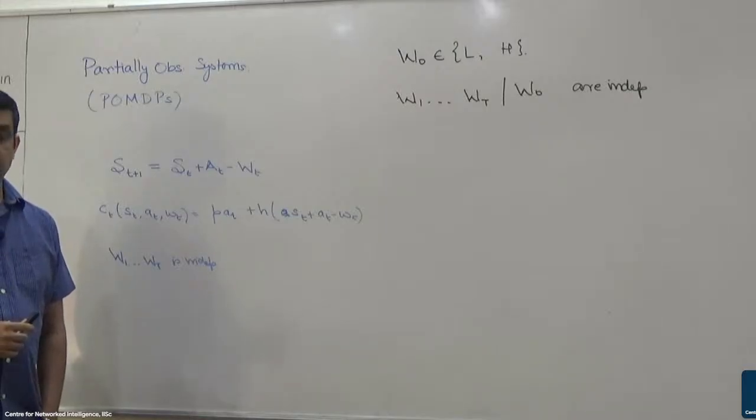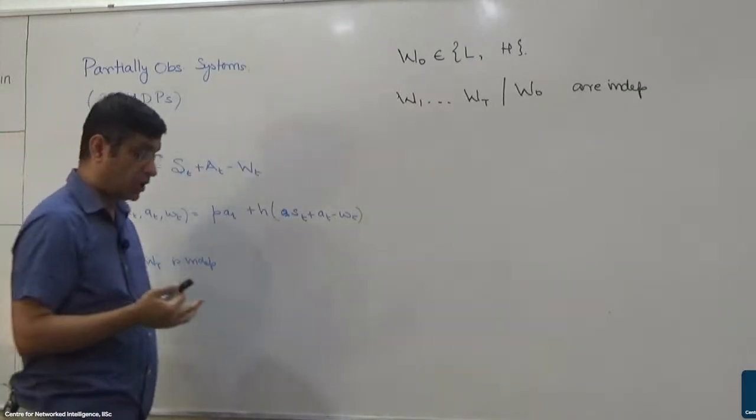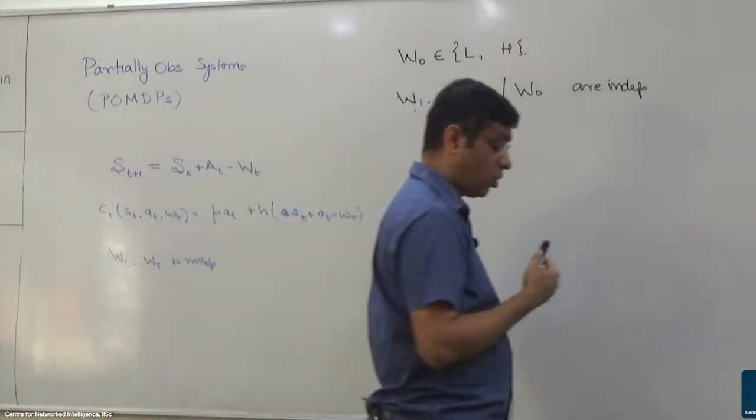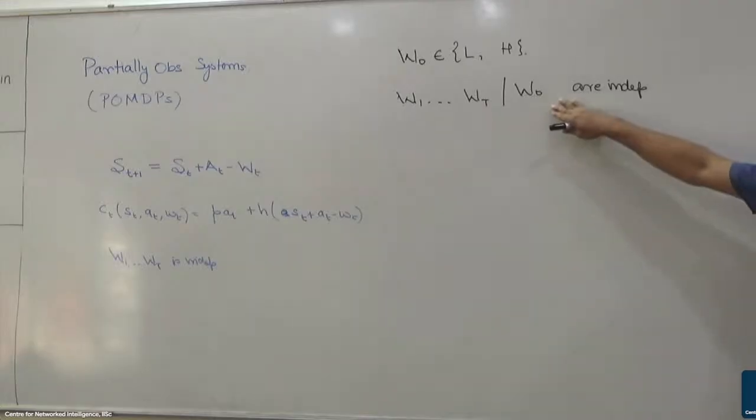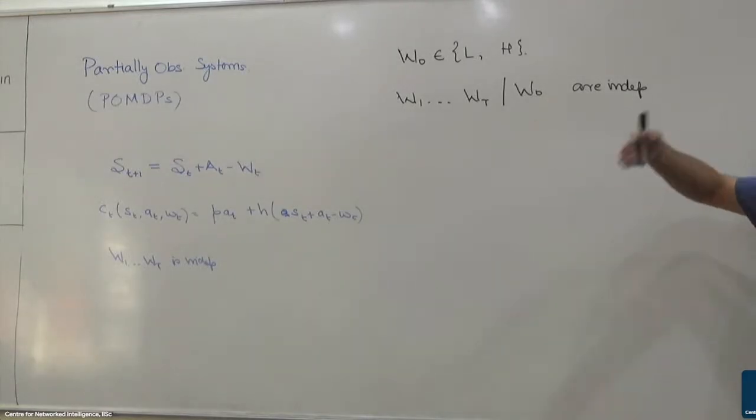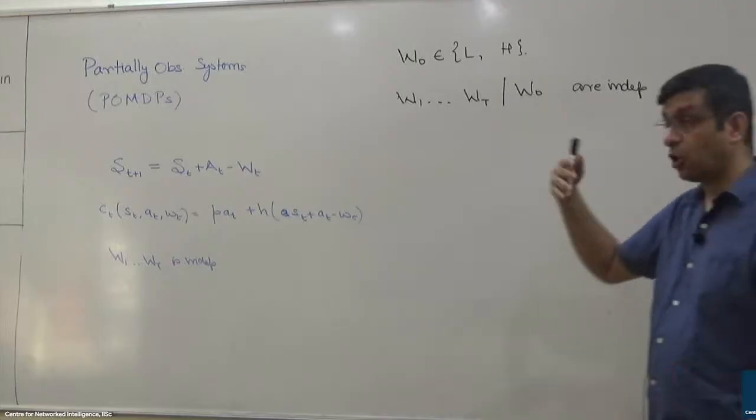Okay? So the model is same as before in all other aspects, except whether we are in a high season or a low season, the decision maker does not know. It still has to act based on its observation and actions.